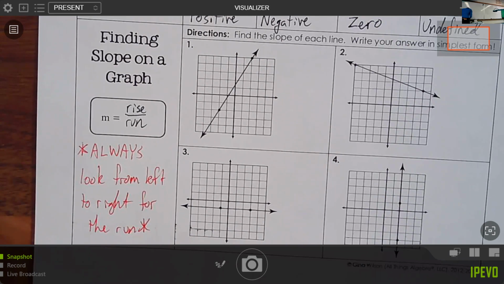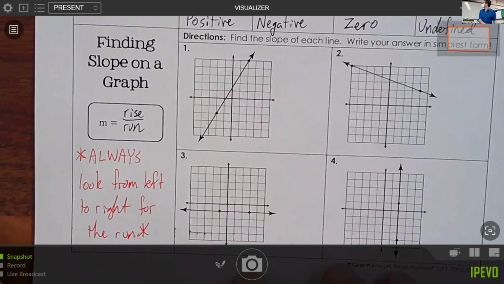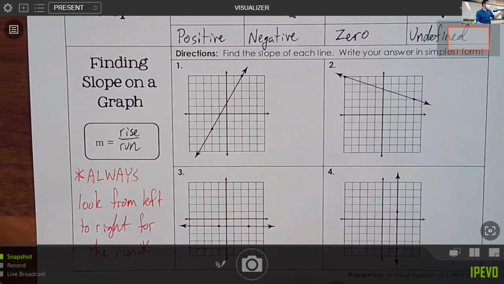Colorful with this. Let's see. Find some colors that'll show up pretty differently here. Okay, so with our rise over run, we're always going to figure out the vertical distance first.